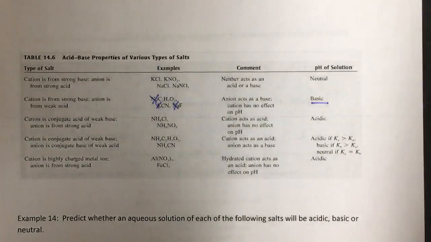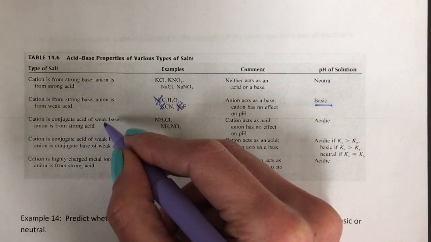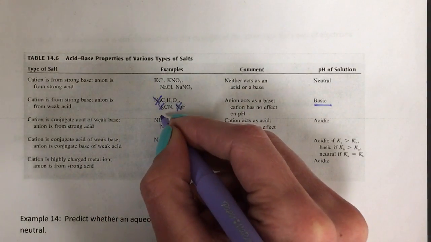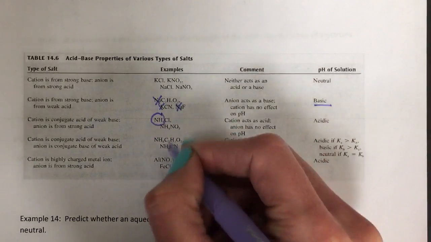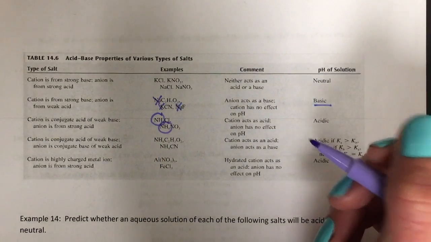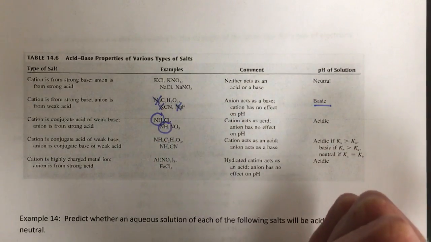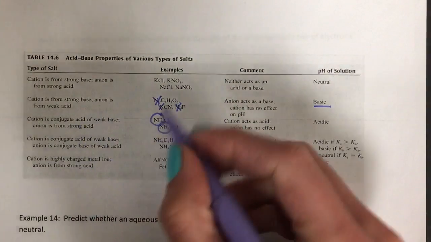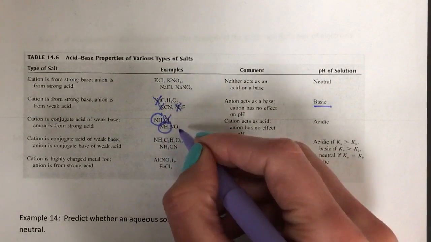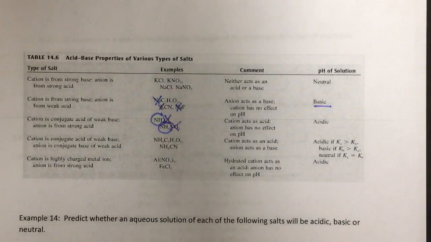Okay? If I have the conjugate acid of a weak base, so here NH4 is the conjugate of NH3. This will affect the pH. However, Cl and NO3, hydrochloric and nitric, are strong acids.